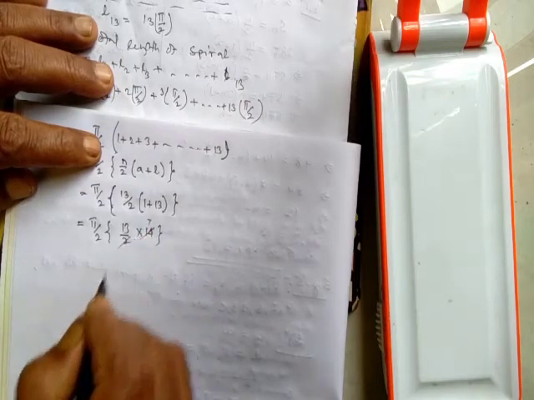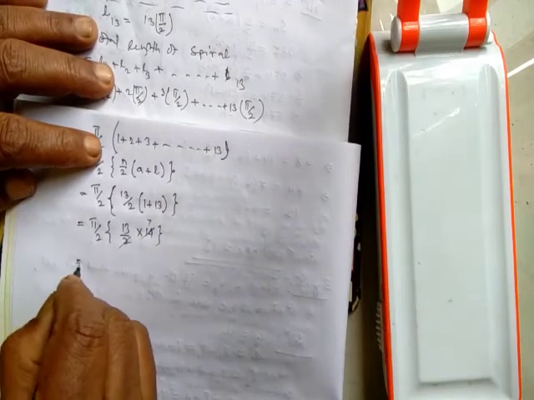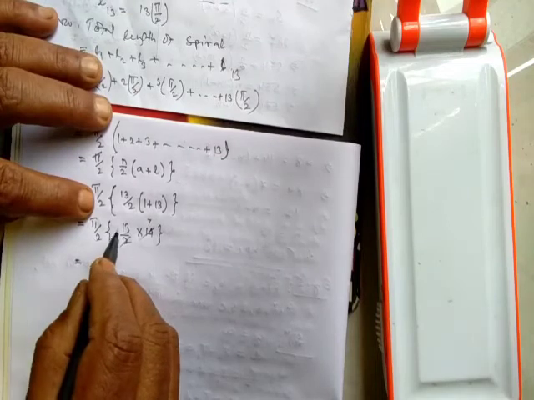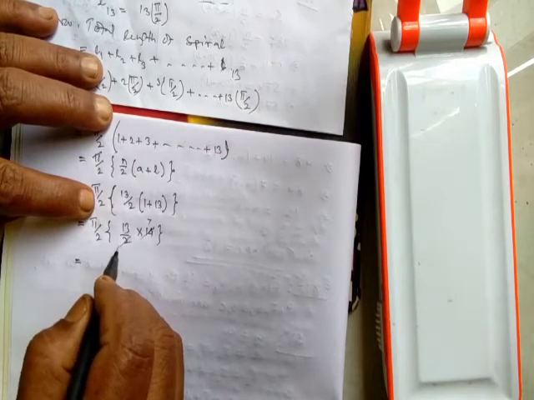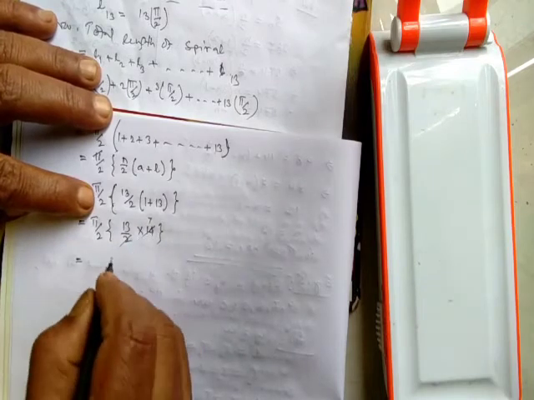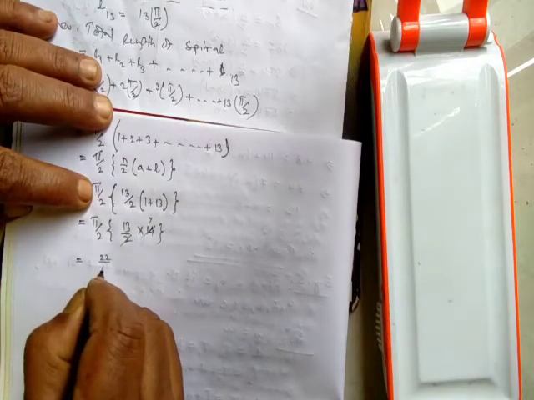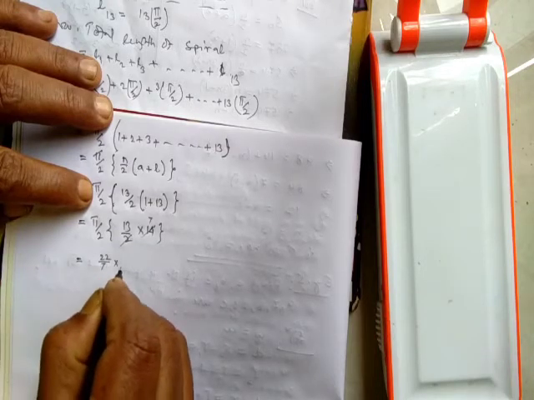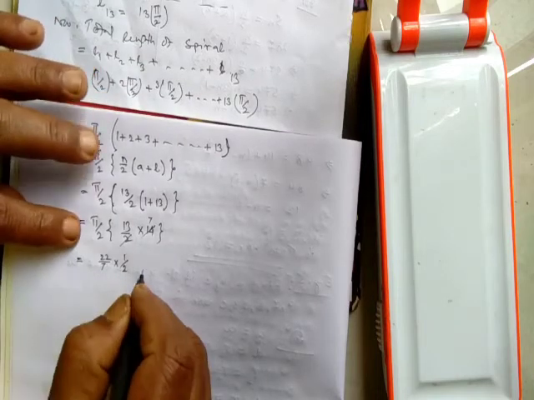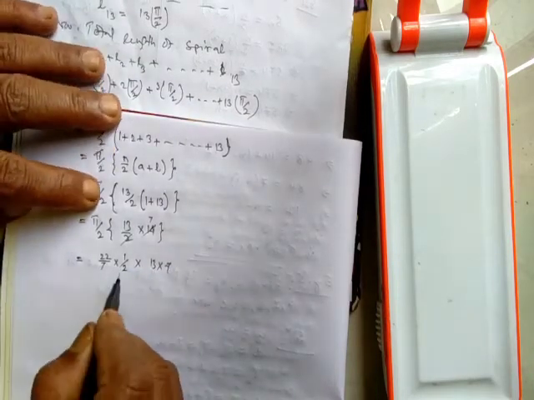This is 7 times, so this is equal to 13 pi by 2 into 7. 13 sevens are 91. So 22 by 7 into half into 13 into 7.